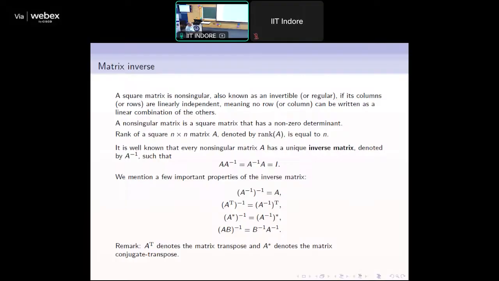Here are mentioned four main properties, which means that the inverse of the matrix inverse leads to the initial matrix. Here is a relation between matrix transpose and matrix inverse, and a relation between conjugate transpose, A star, and matrix inverse. And here is the reverse order law, a well-known property for the usual matrix inverse, but not satisfied for both the Penrose inverse and other kinds of generalized inverses, and frequently investigated in the literature.